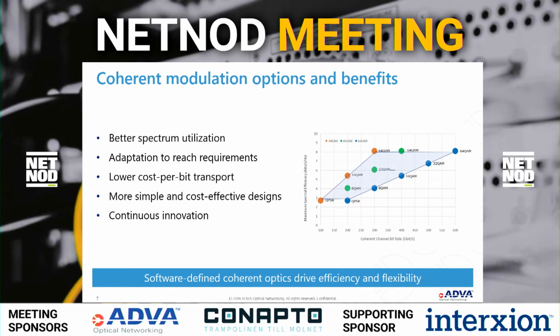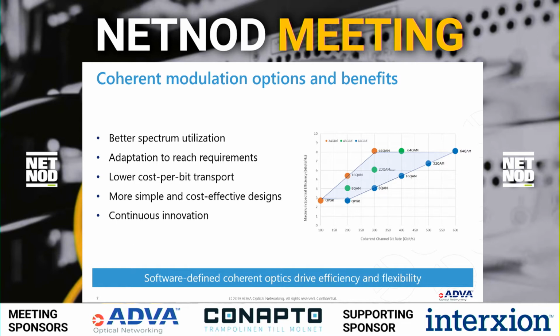And then if you have a need for 300 gigabit, you can see that we will need to use another set of modulation schemes, but we can, in a similar way, tweak the signal to our needs.